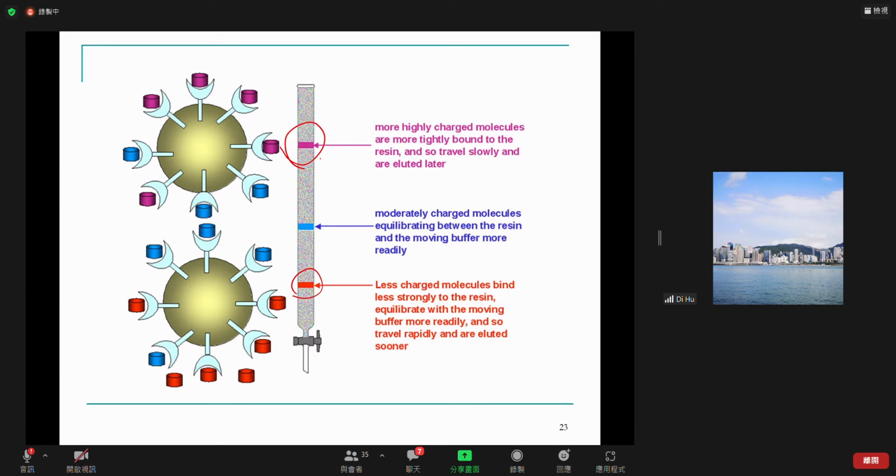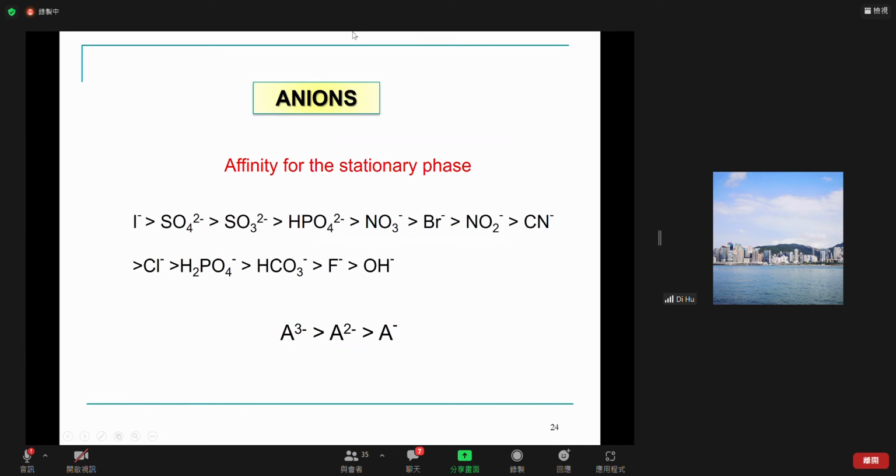They are held more tightly because they have strong affinity, so they travel slowly and elute later.